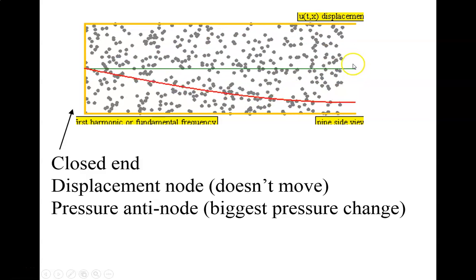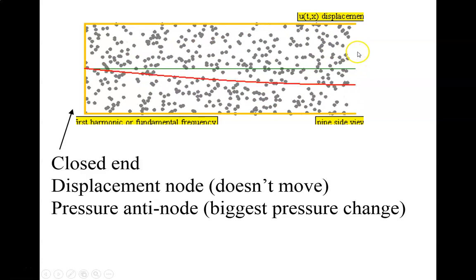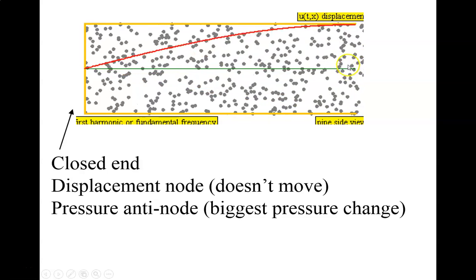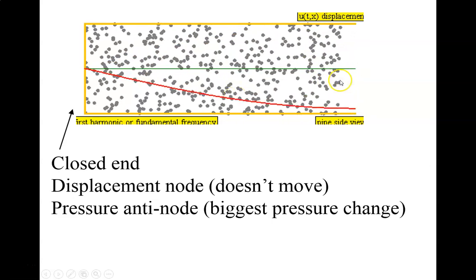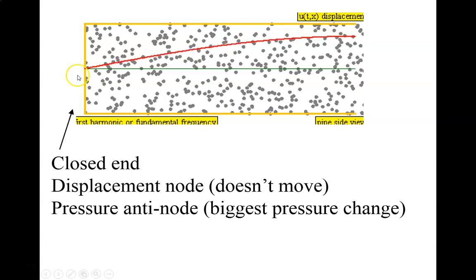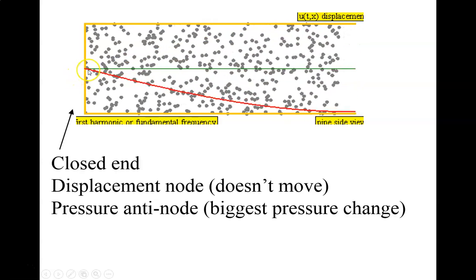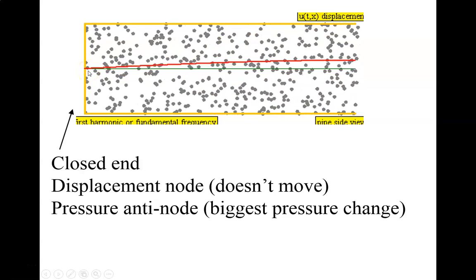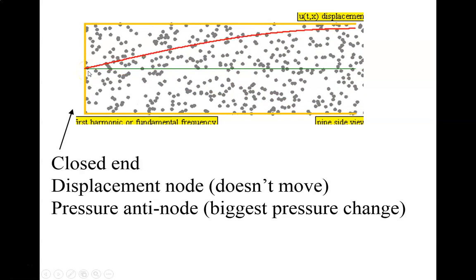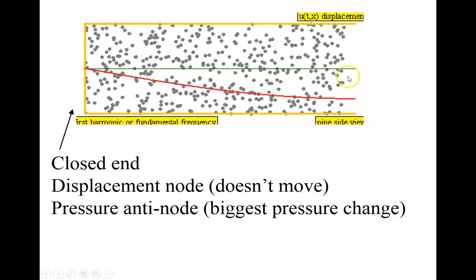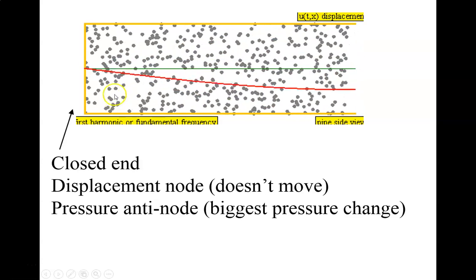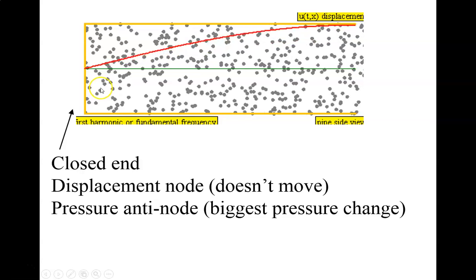This shows a closed end and an open end. Let's look at our closed end first. This is a displacement node. Nodes mean no change because the air molecules aren't vibrating back and forth. And they're pressure antinodes.